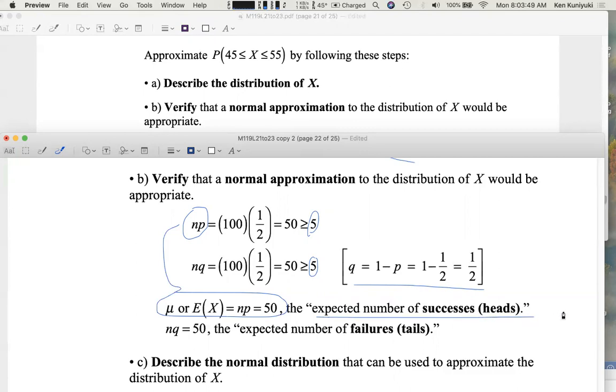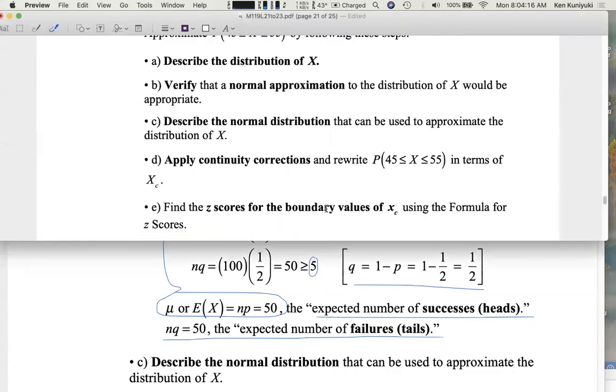This makes sense because if you're flipping a fair coin 100 times, it makes sense that the expected number of heads is 50. By the way, nq is also 50. That's the expected number of failures, or tails. These are both at least 5. In fact, they're way over 5. So the normal approximation is applicable in this case.